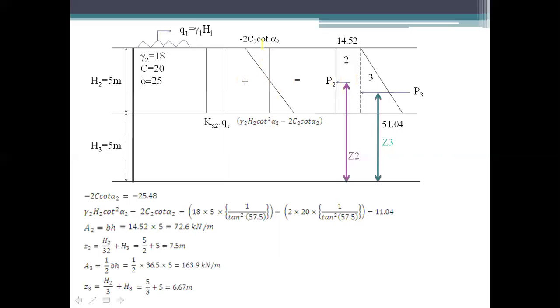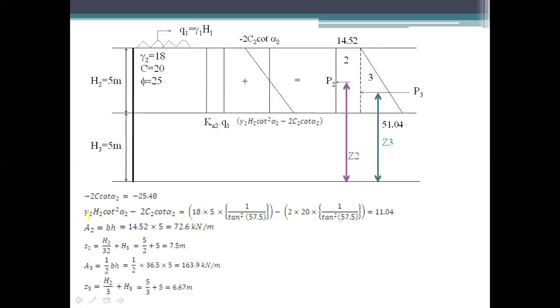So minus 2 C2 cot alpha 2 is given as minus 25.48, and here Ka2 Q1 is coming something. So Ka2 Q1 minus 25.48 will give you positive 14.52. Okay.